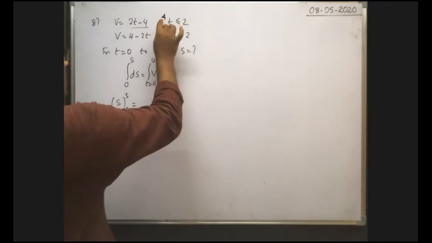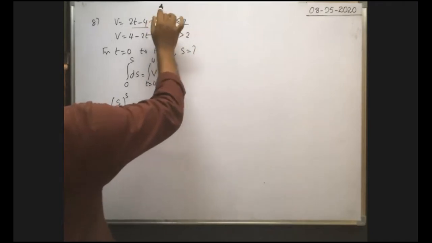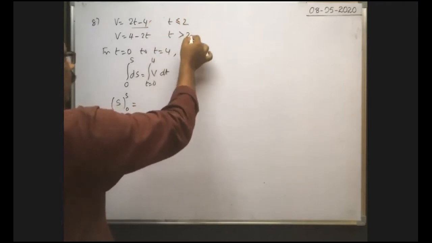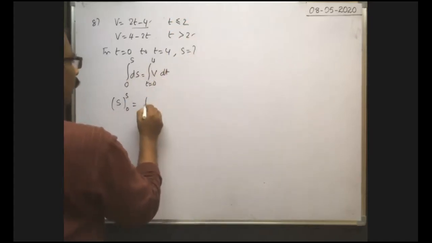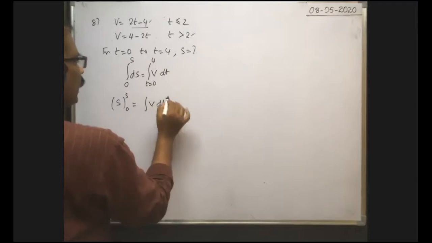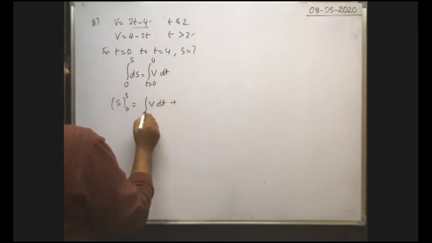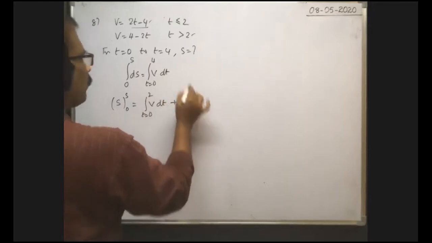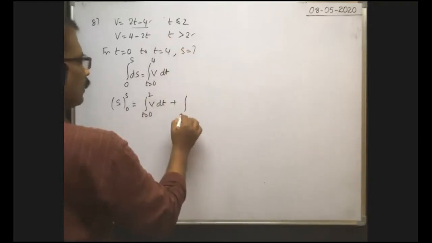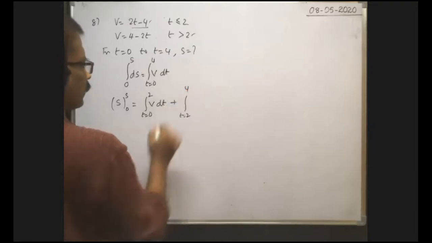When the time interval is from 0 to 2, we take this equation. When time is greater than 2 seconds, we take the other equation. That's why we split this integration into two parts: integral of v dt from t = 0 to 2 seconds, plus integral of v dt from t = 2 to t = 4 seconds.